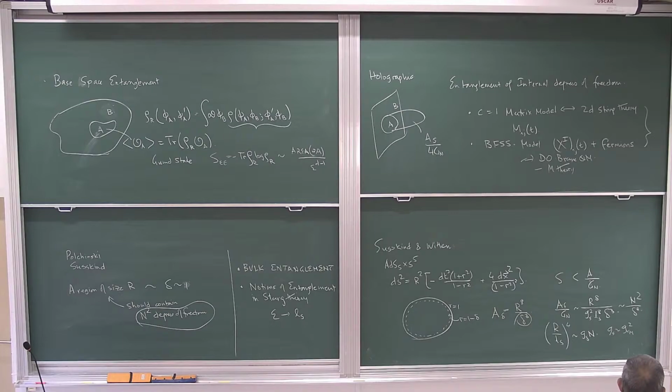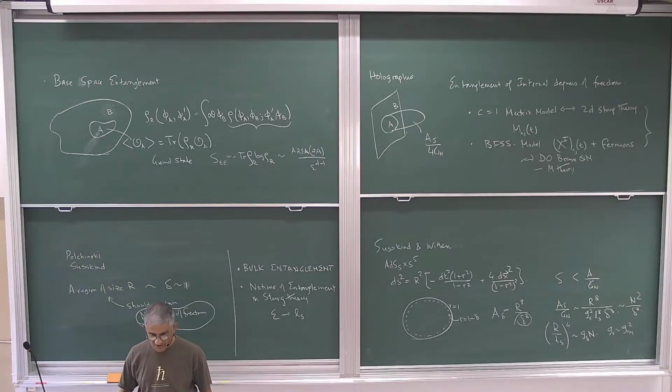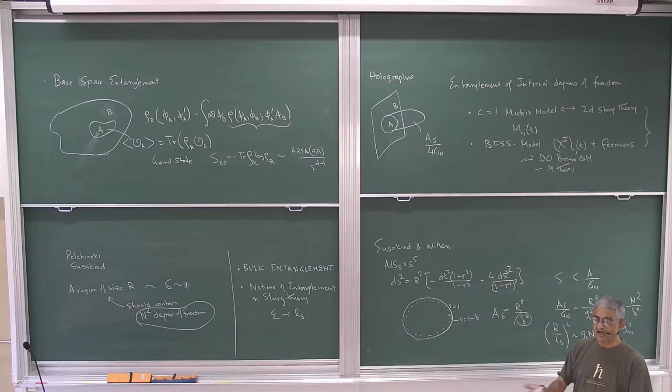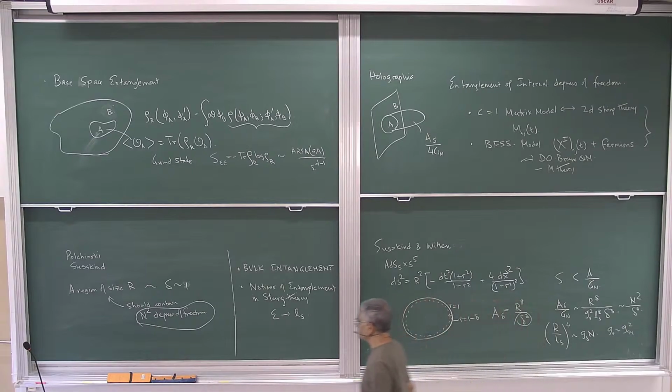So that's a long program, which, as I said, has a long history. I don't think there is a very definitive conclusion yet. There are some recent works by Halder and Jafferis, by Aaron Wall, Tadashi Takayanagi, all trying to make sense of this thing in string theory.